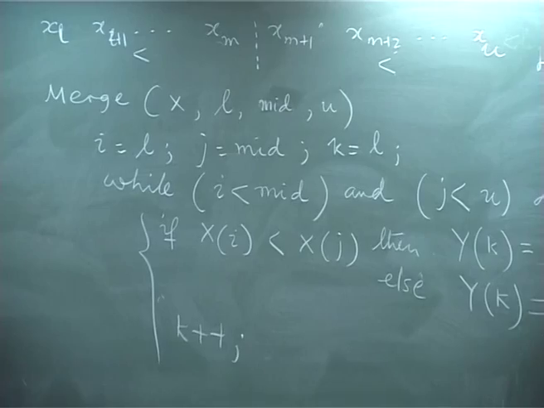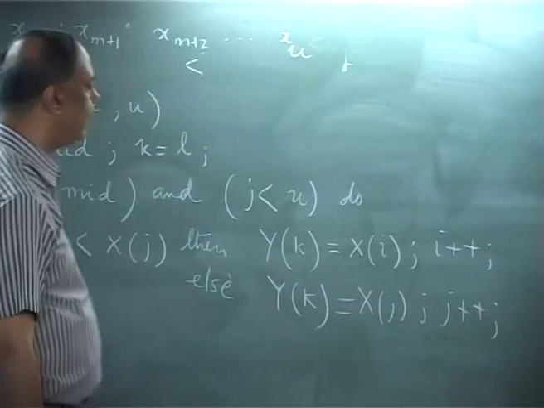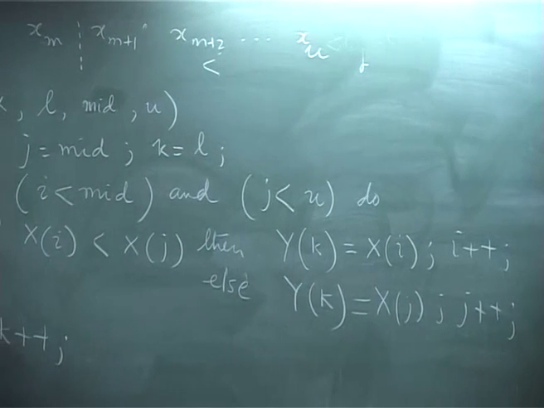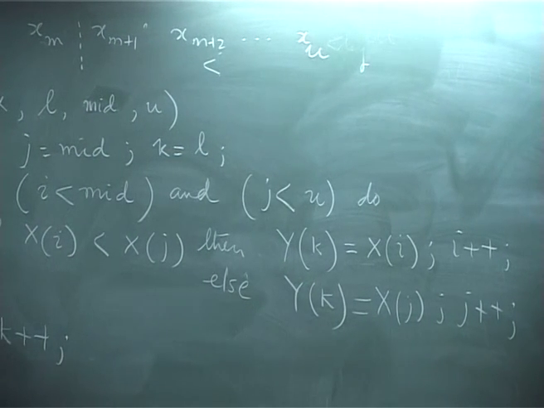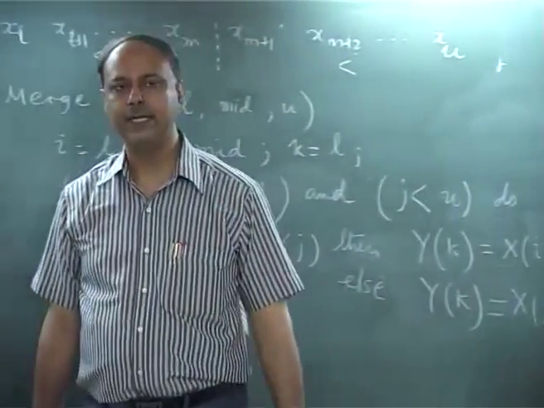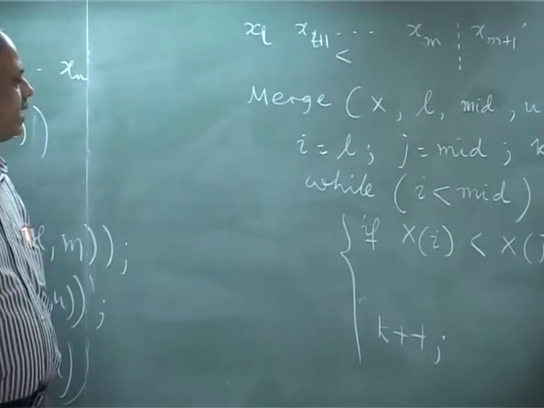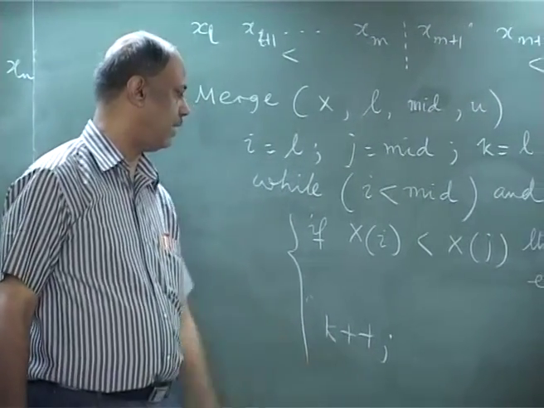This is what you have to do: if you find that x of i is less than x of j, then y of k is updated by x of i, and i is increased by 1. Otherwise, y of k is updated by x of j and j is increased by 1. And in any case, you have to update k to get the next position of y.